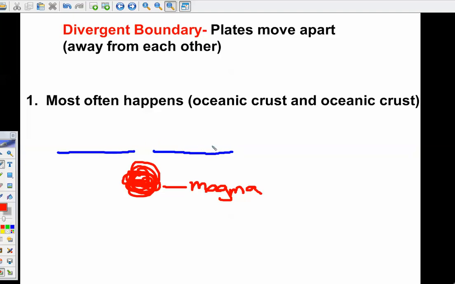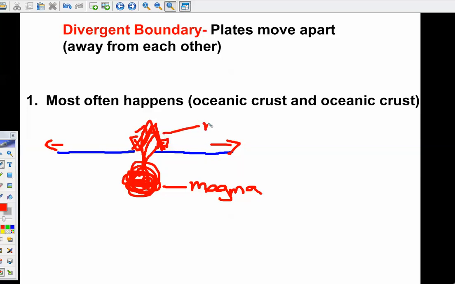And since these plates are moving away from each other, this magma has all this extra room and it is less dense than rock. So what will happen is it will come in and it will start filling in this area. And over time it will fill in and make new crust.